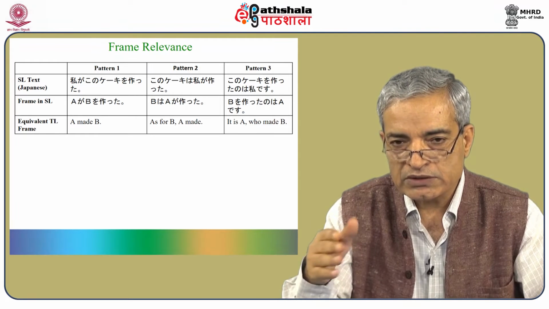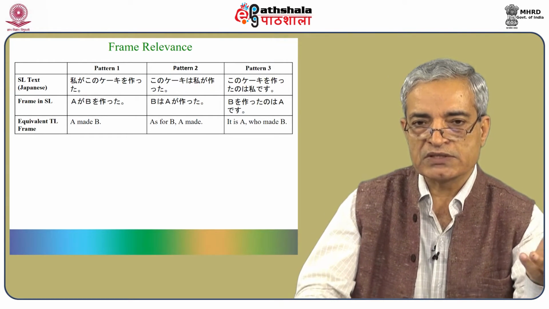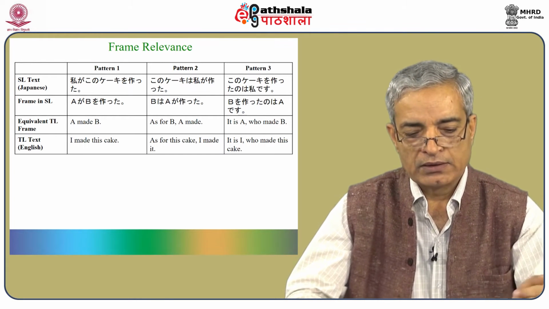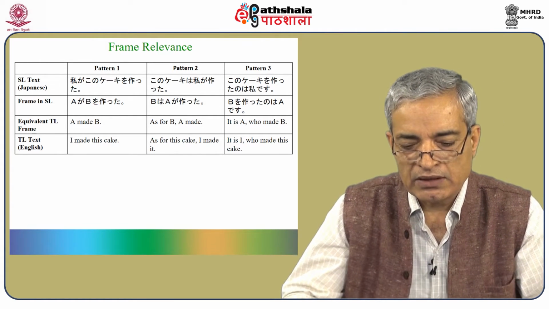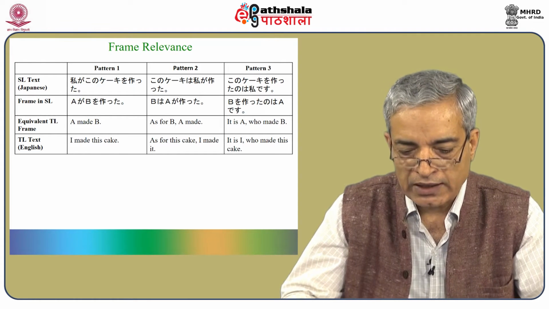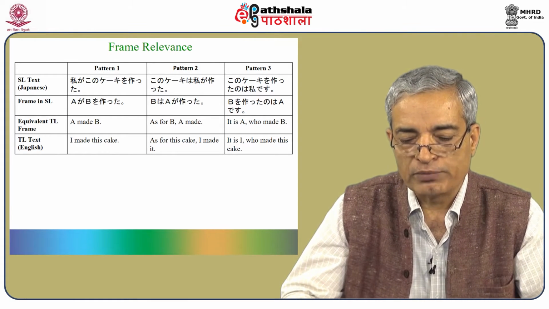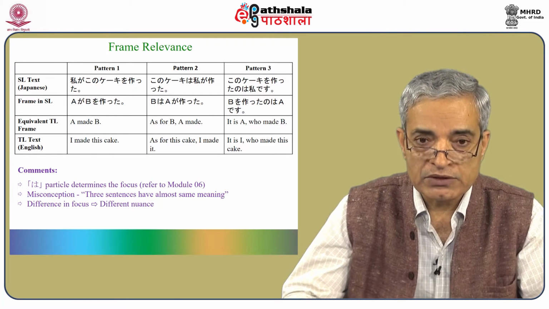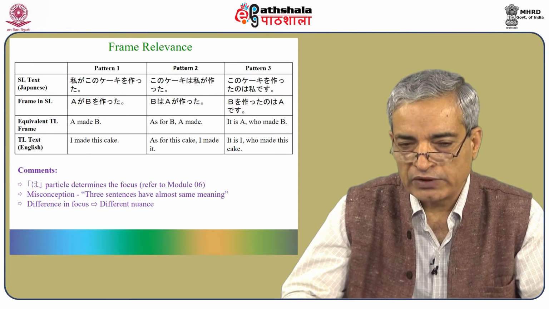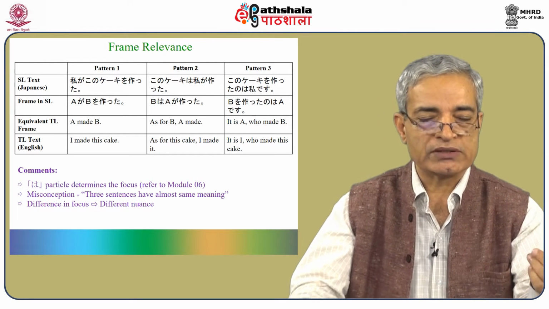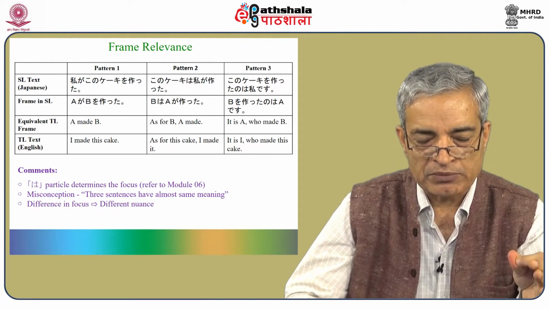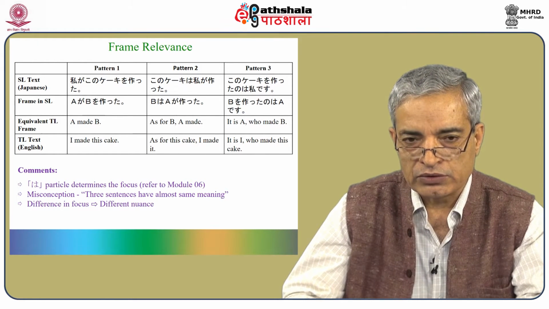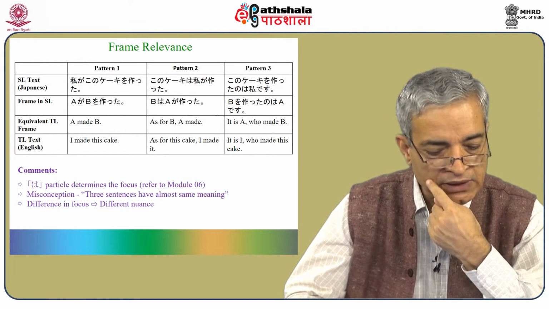What we are talking about is B. So there is a difference in the nuance which the frame helps in capturing or transferring. The translation: you can say I made this cake, as for this cake, I made it, it is I who made this cake. And the wa particle determines the focus. We have discussed this earlier in module 6, that the wa particle is a subject particle or the topic particle about which the matter revolves in that particular sentence.